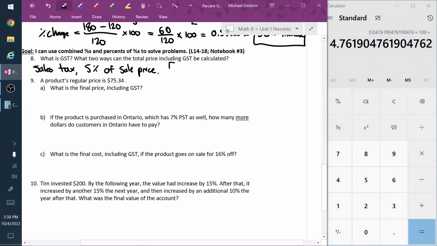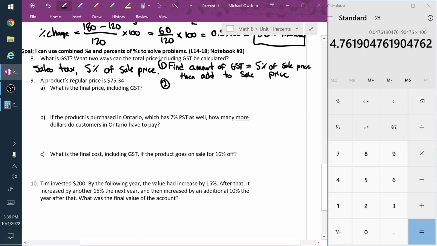We could find the amount of GST, which is 5% of the sale price, as we said. So do 0.05 times your sale price, then add that to the sale price.